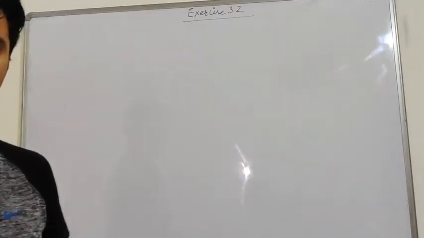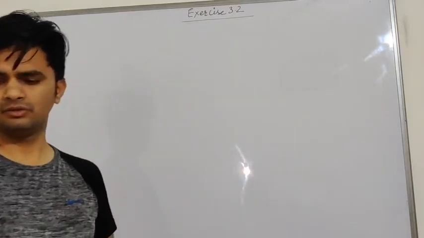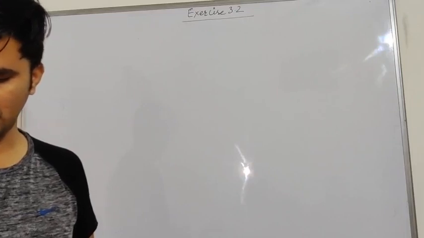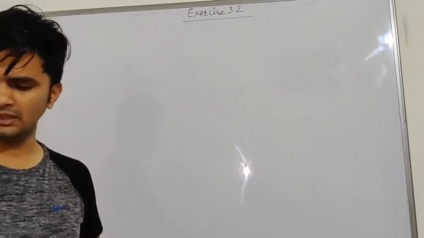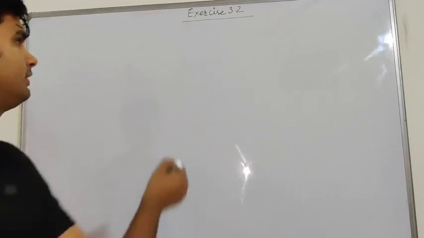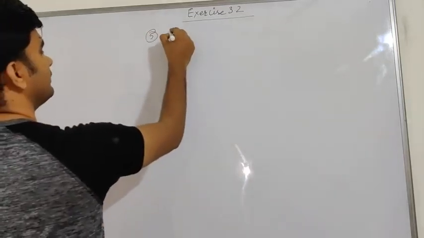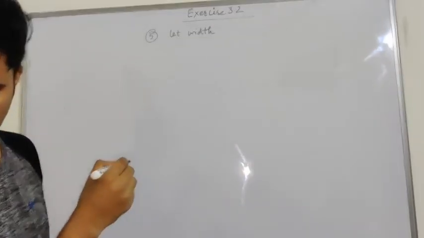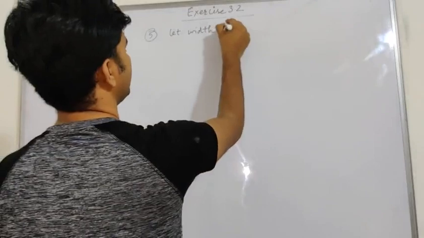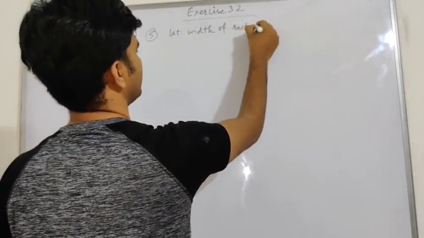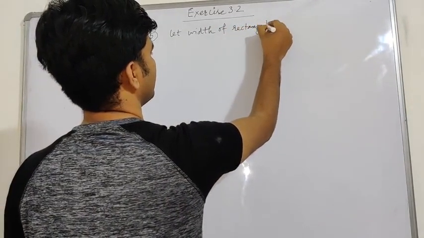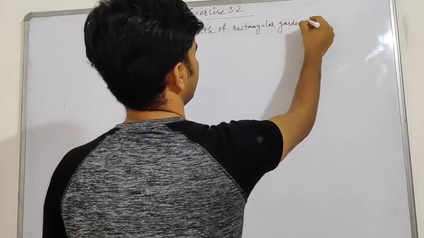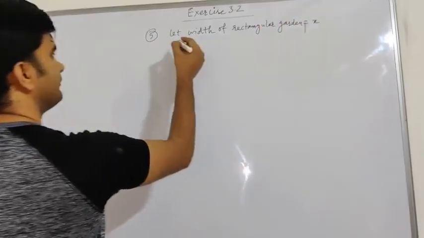As you all know, the perimeter of rectangle is 2 into L plus B. Here half of the perimeter of rectangular garden is given with one condition: length is 4 more than its width. So we will assume let width of rectangular garden is equal to x.